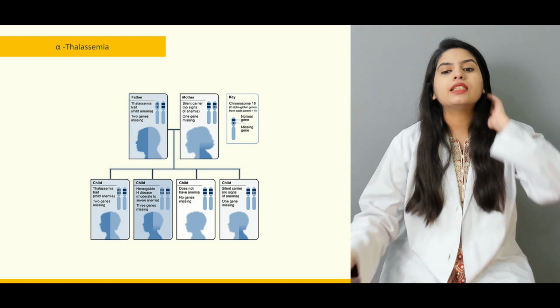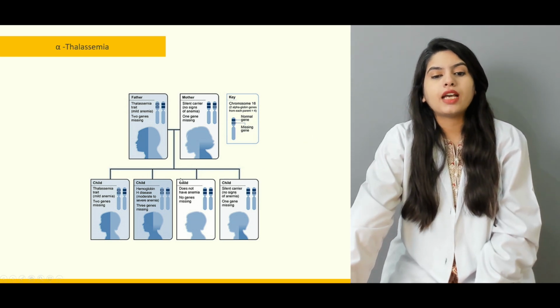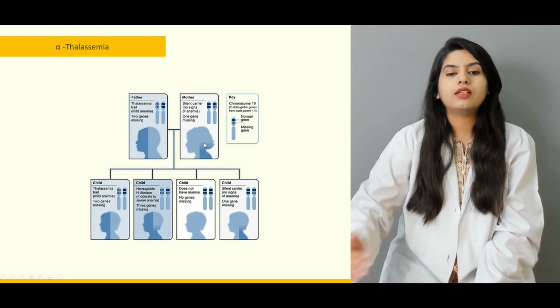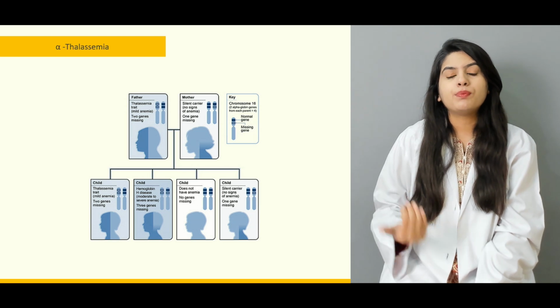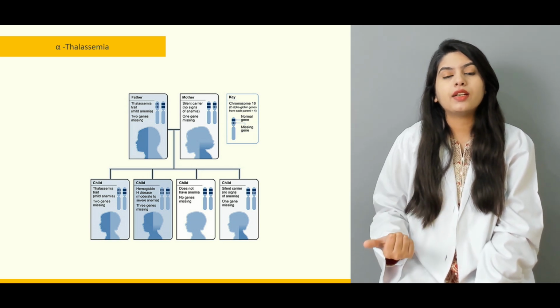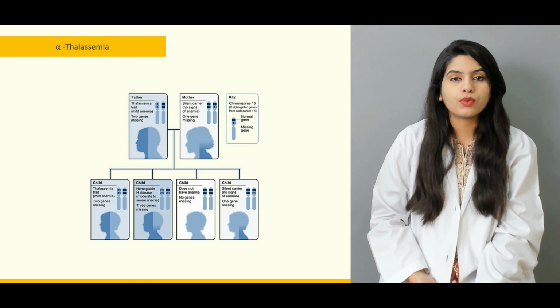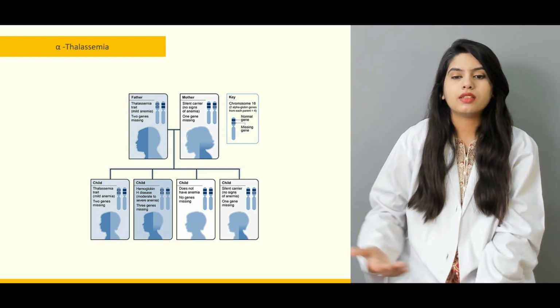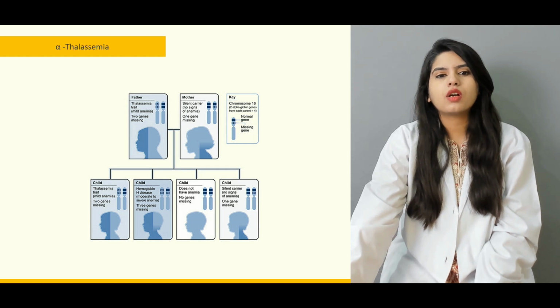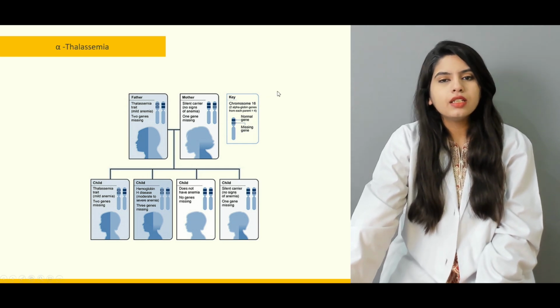So all of these things will define the type of disease that will be inherited from parent to child. The patient may be symptomatic, may be a recessive carrier, or may be asymptomatic as well. That we will discuss in our coming slides, when we talk about the different types of alpha thalassemia.